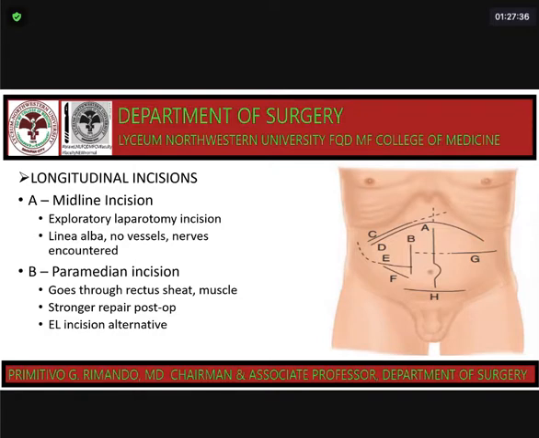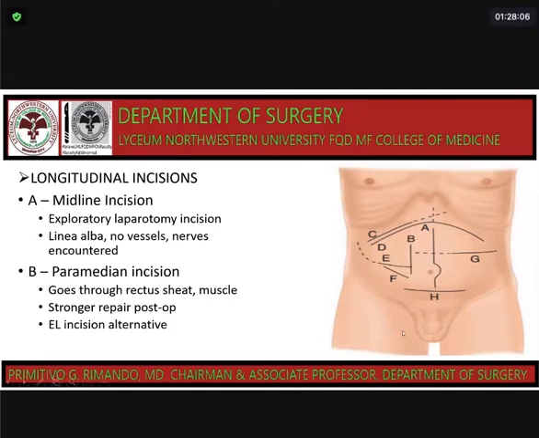Then you can do a midline incision and that will be very quick, because you're not thinking, oh, there are blood vessels here, oh, there are nerves here. So that is the advantage of the midline incision. You can go quickly in. Your patient is unstable, you can go quickly out and repair. Very easy. So that is letter A.